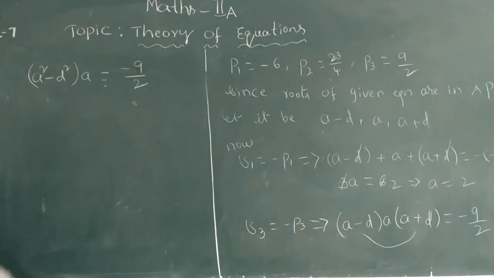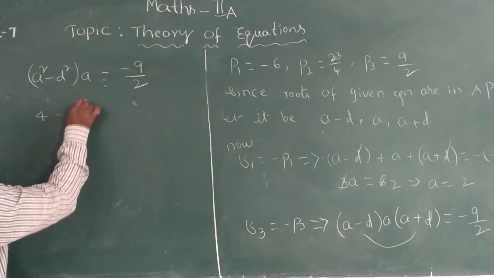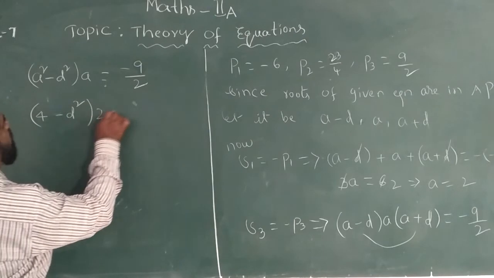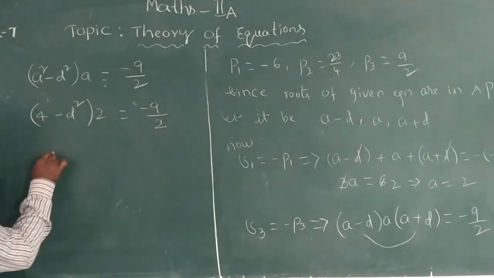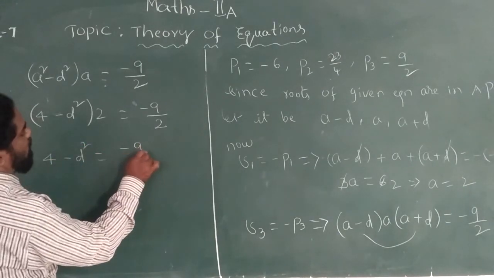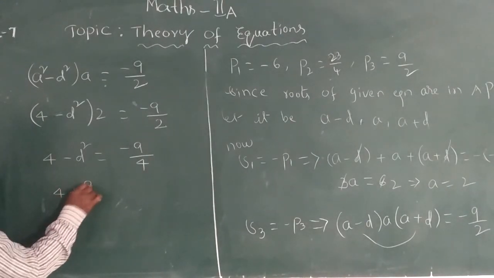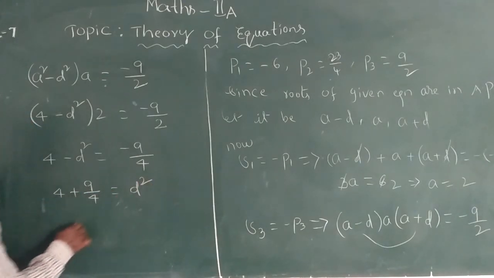What is a value? 2, put here. 4 minus d square into 2 equal to minus 9 by 2. 4 minus d square equal to minus 9 by 4. 4 plus 9 by 4 equal to d square.